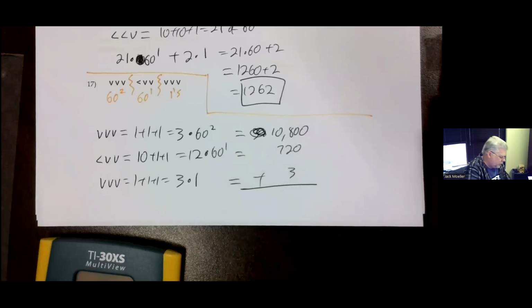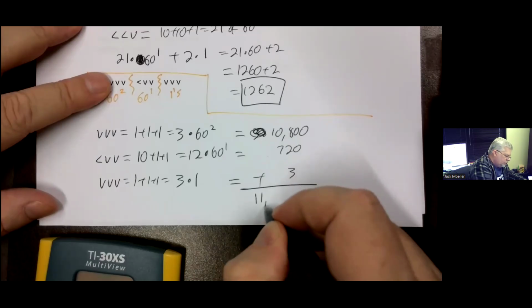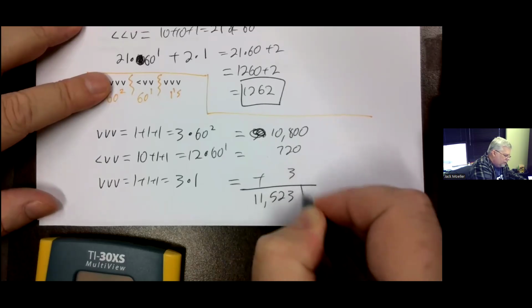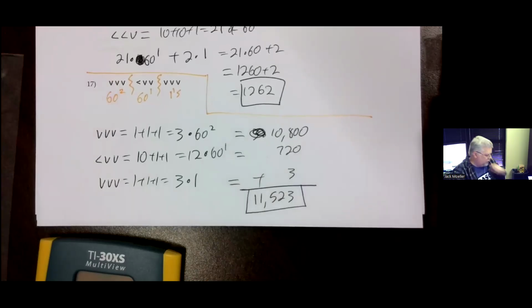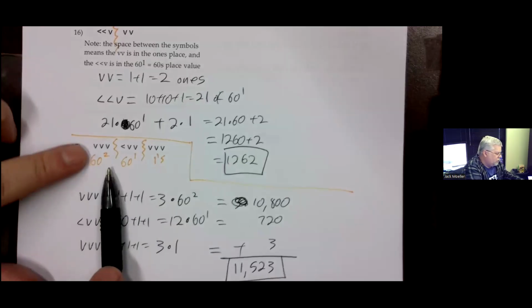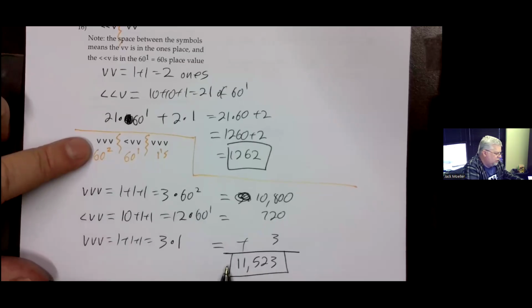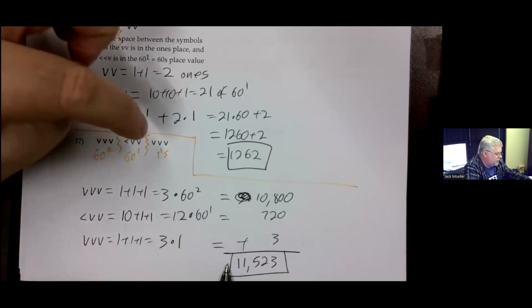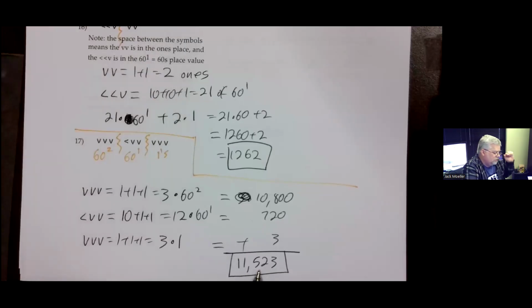Add those all together. So 11,523. So translating this several thousand-year-old number into our number system, VVV space less than VV space VVV is 11,523.